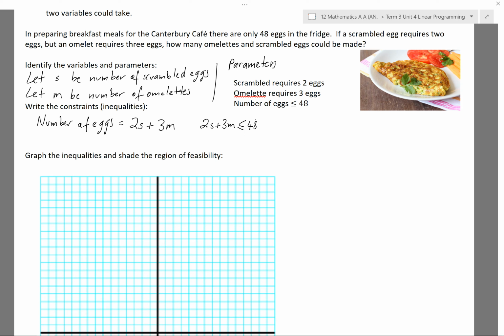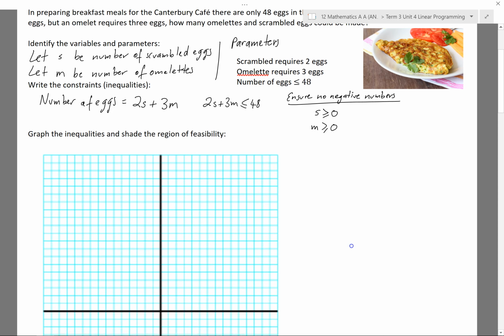I do have another constraint. Okay. I need to ensure no negative numbers. The way I'm going to do this is I need to say that the number of scrambled eggs needs to be at least 0, greater than or equal to 0, and the number of omelettes needs to be at least 0, greater than or equal to 0.